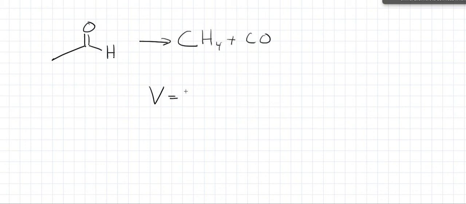The rate equation for this does have a simple rate equation. It does have an overall order, but the order is 3/2. And you certainly wouldn't guess that just by looking at the overall reaction. So we actually have to know the mechanism and be able to analyze it to get this. And that's something we'll do later on in this chapter.